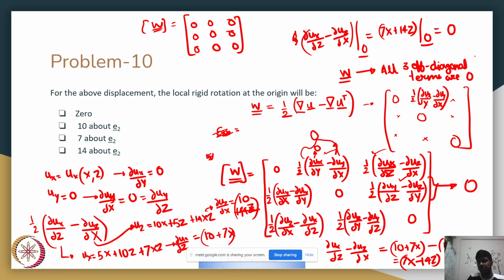Therefore, the magnitude of rotation theta is nothing but the norm of the vector form of this matrix, which is the norm of a zero vector, so this is 0.